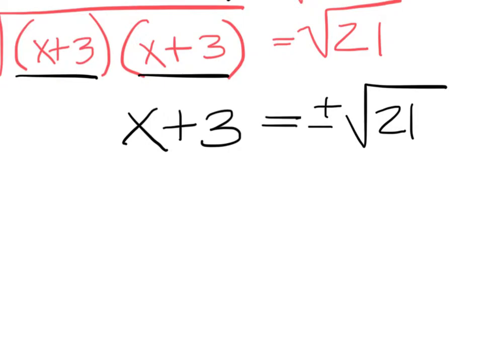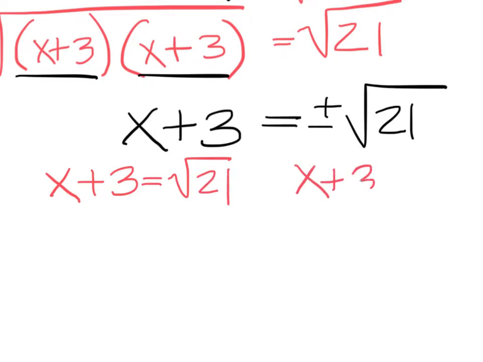Once you get to this point, you must break it up. You have two equations to solve. You have x plus 3 equals positive square root of 21, and then x plus 3 equals the negative square root of 21. All right.